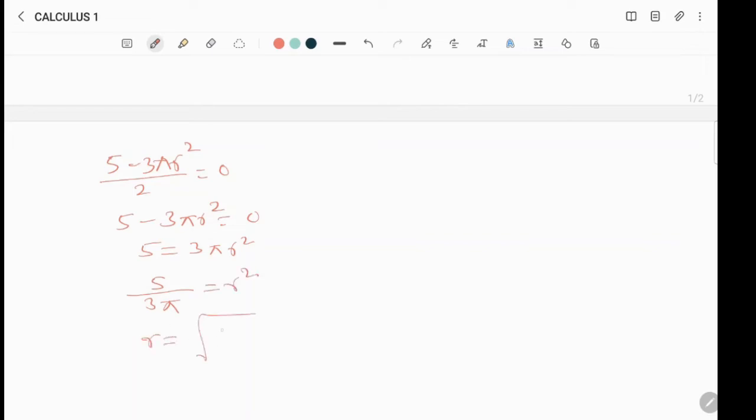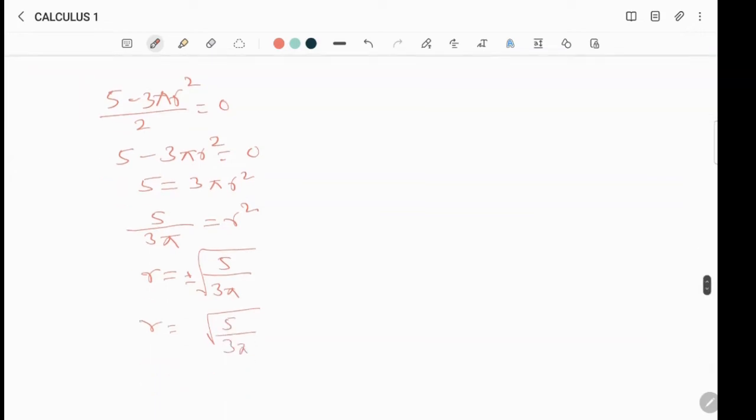So r equals root of 5 over 3 pi, plus minus actually, but you know that radius is positive, so r is root of 5 over 3 pi.